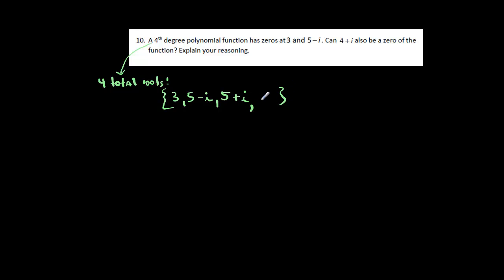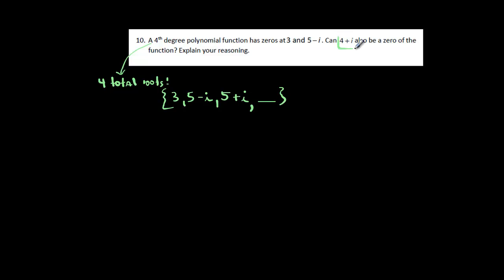That means this fourth root has to be real, and rational, because if it was irrational, you would also have its conjugate, which would make this 5 roots. And it can't be imaginary, because if it's i, you would also have to include its conjugate -i, which would make 5 roots again.